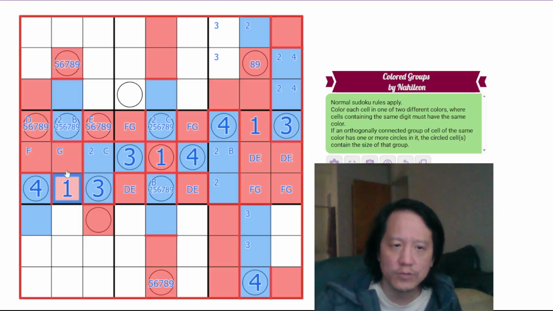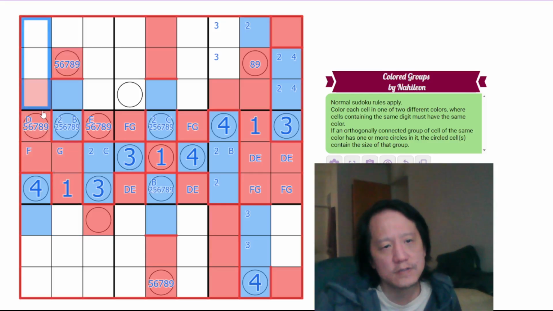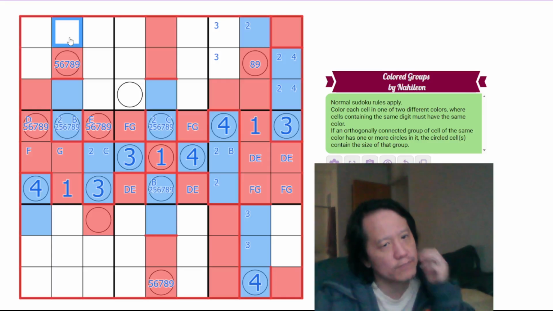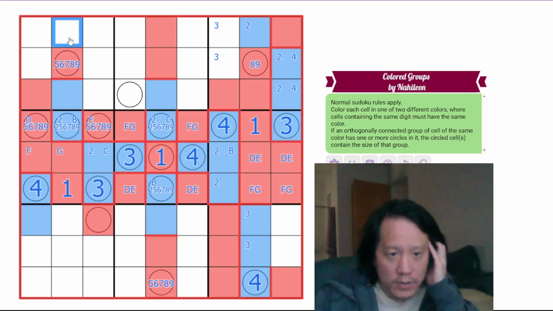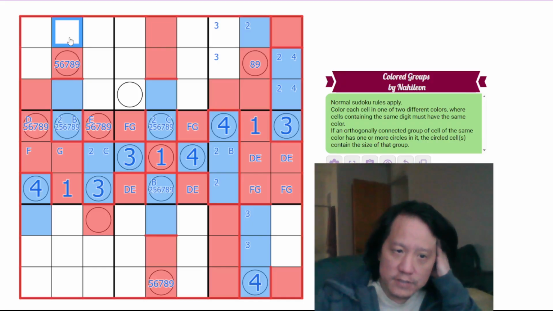We'd have 1, 2, 3, 4, 5, 1, 4, 5, 6, 7, 8. This could be a blue, I guess, that blocks it. And then this would have to be blue. Actually, not necessarily. This could be just red, red, and that would be blue.